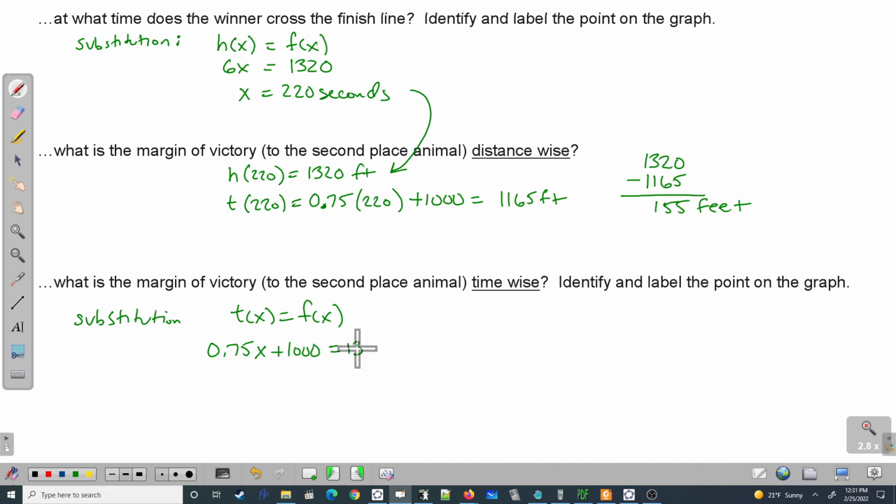You make that equal to 1320. Yes, you can move the 1,000 over. Come up with 320. Yes, you can divide both sides by 0.75. Come up with 426.6 seconds. As a fraction, that works out to be 1,280 over 3.